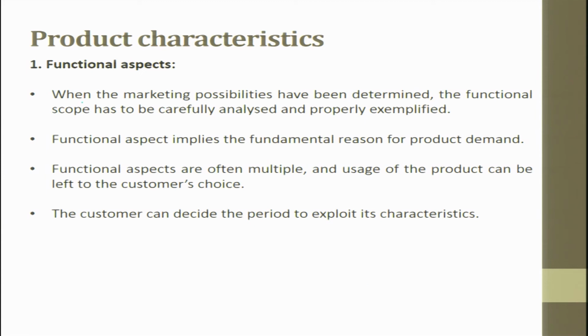Functional aspect. When the marketing possibility has been determined, the functional scope has to be carefully analyzed and properly exemplified. That means to say, it has to be clearly specified. Functional aspect implies the fundamental reason for product demand.